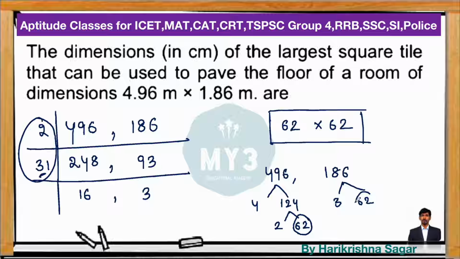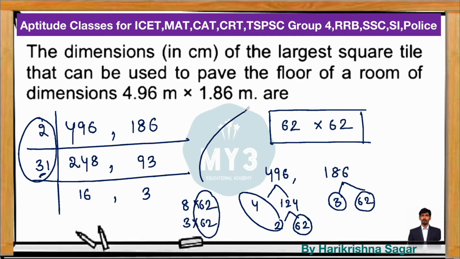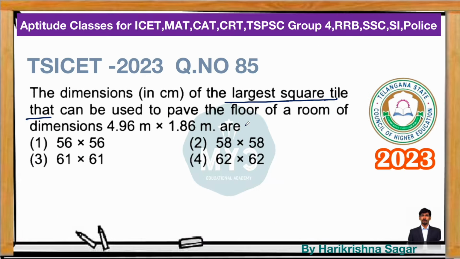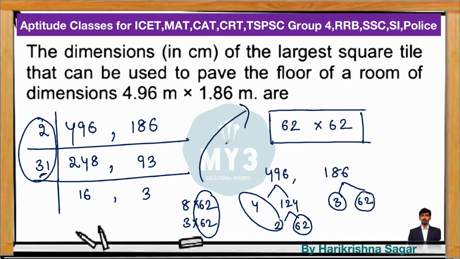So what is the common number here? 62 is the common number. What is left over? 4 into 2 and this is 3. So we can write this as 8 into 62. The other number is 3 into 62. The common number is 62. So the dimensions must be 62 by 62. Like that also you can solve. So the answer for the question is the dimensions must be 62 by 62. Mark the answer as option 4. Hope you are able to understand this.